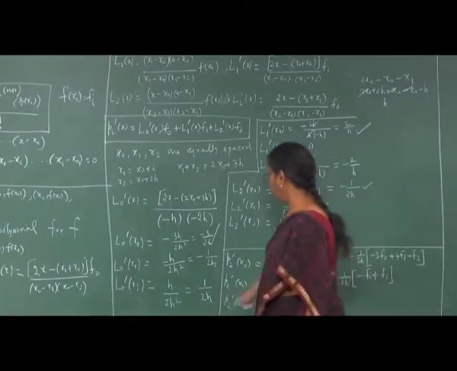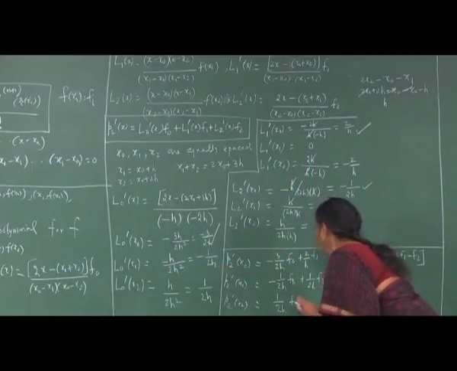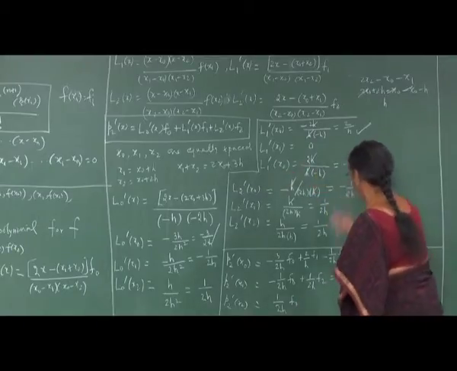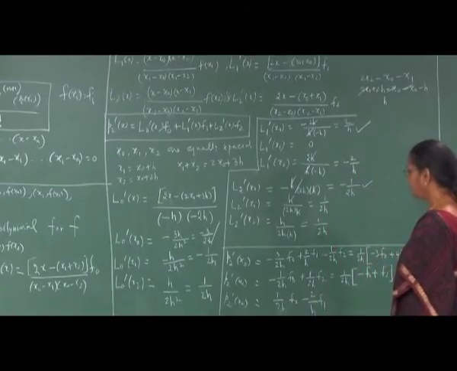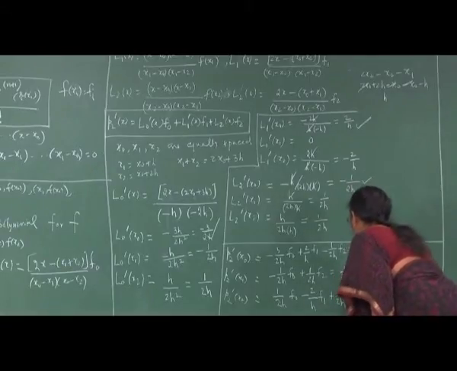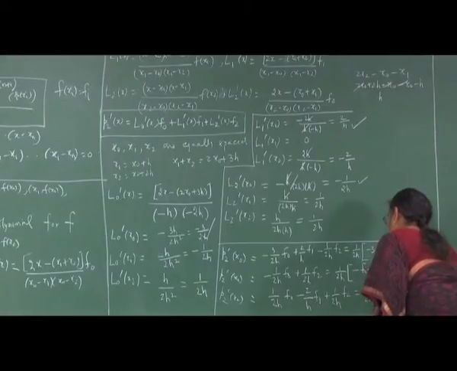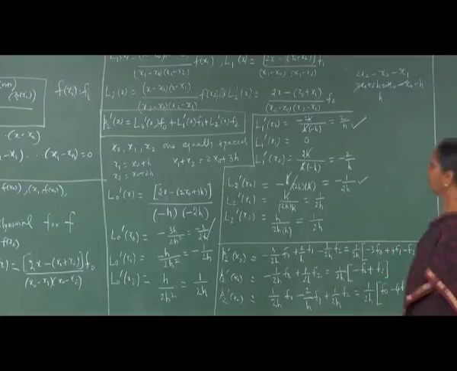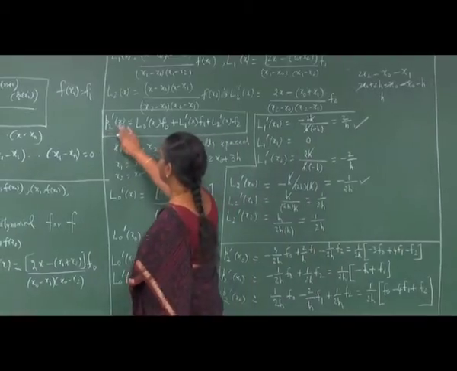Then P2 dashed at x2 is L naught dashed at x2, so 1 by 2h into f naught, plus L1 dashed at x2, minus 2 by h into f1, then plus L2 dashed at x2, so plus 1 by 2h into f2. This again gives you 1 by 2h into (f naught minus 4 f1 plus f2). So, you have evaluated the derivative P2 dashed at the nodes.